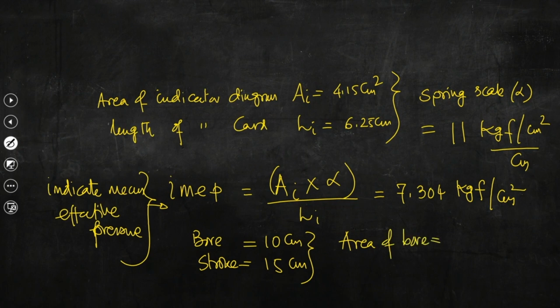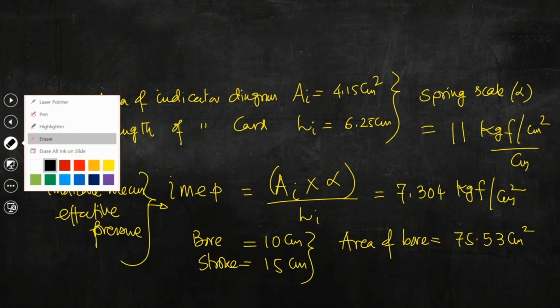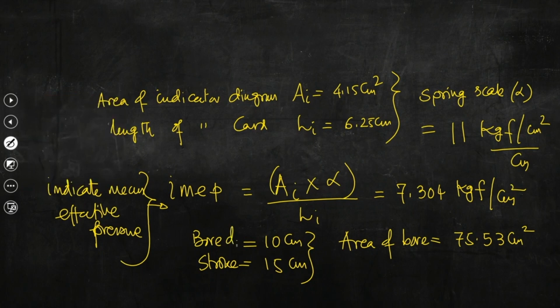That is pi by 4 into 10 centimeter square, that is 78.53 centimeter square. So, with bore diameter dB, this is pi by 4 into dB square.